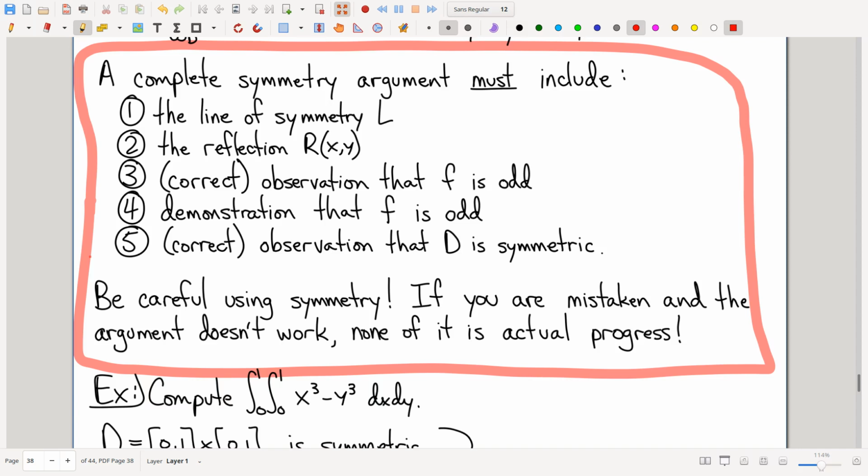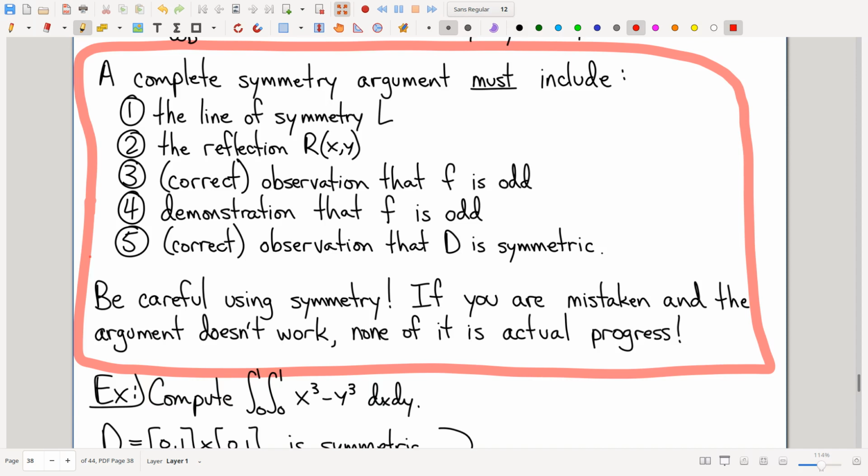So here's the problem. Let's suppose that you're looking at an integral and it does not fit with the symmetry theorem. That means that there is no symmetry argument to be made. If you start working down the symmetry path, that's not actually progress toward a solution. It's progress toward a dead end.